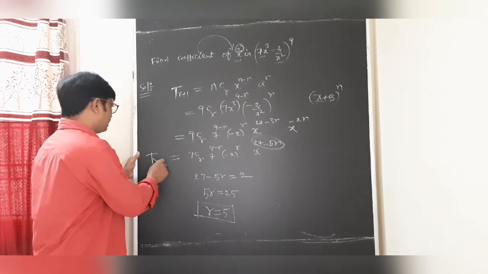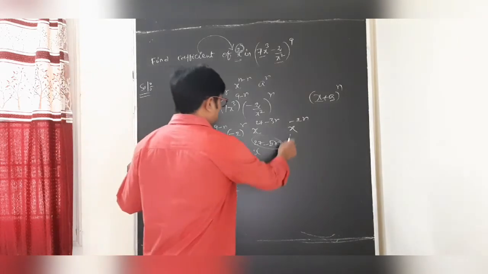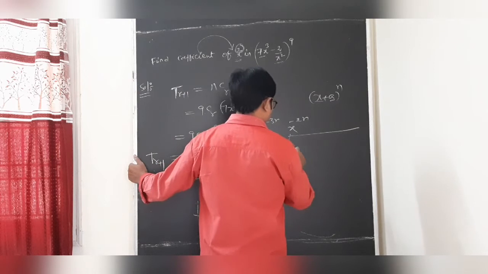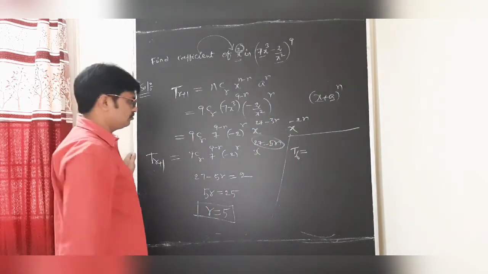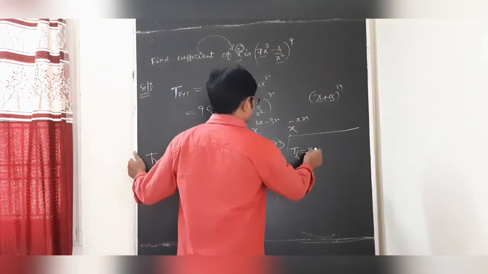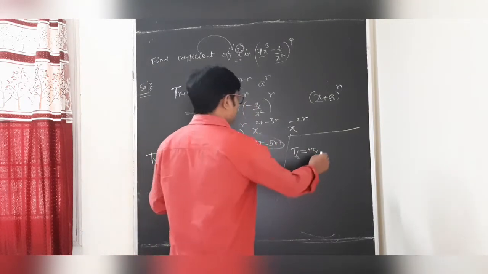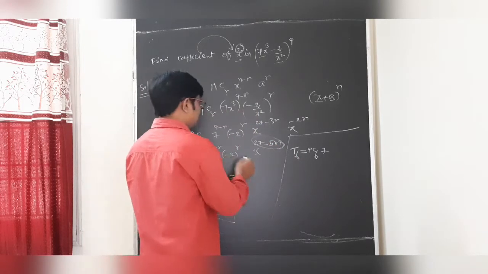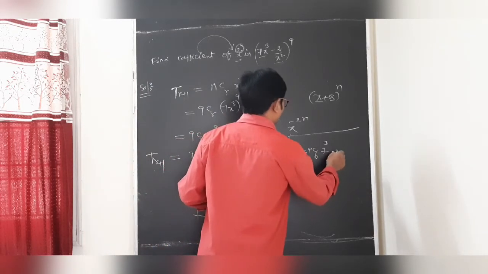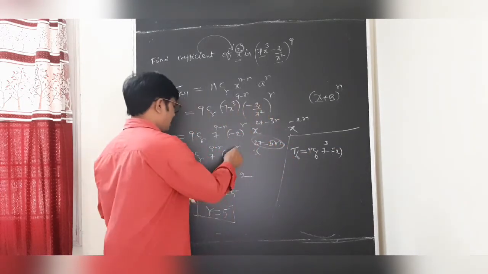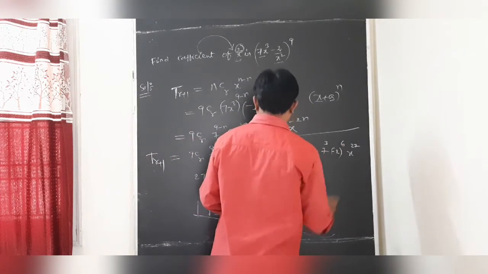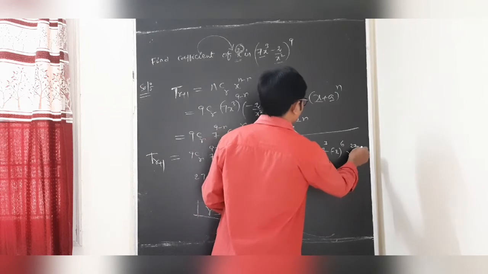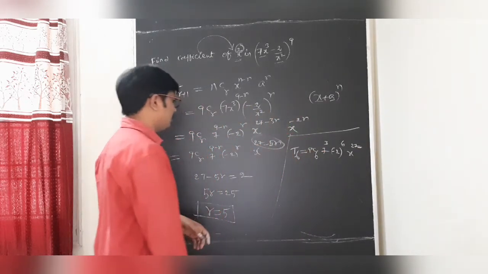This is T(r+1). My dear students, the r value is substituted in this. 5 plus 1 is 6.